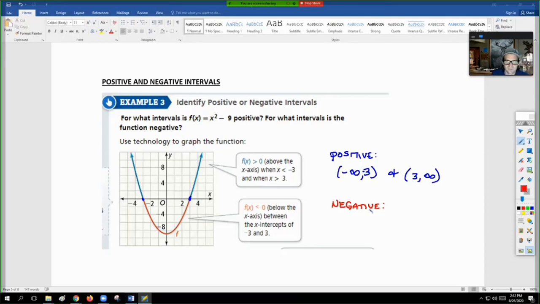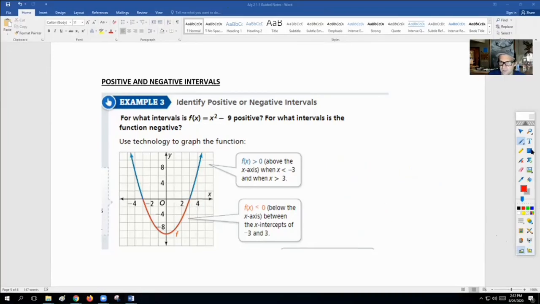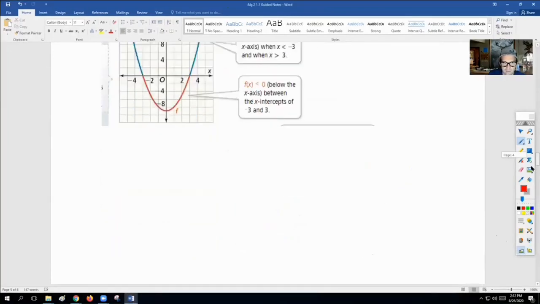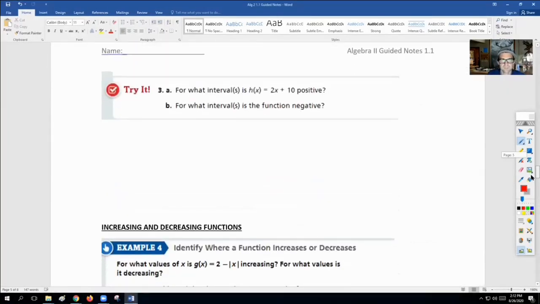All right, so our negative, we're below the x-axis from -3 to +3. And that's the only set we would have. And those would also be open brackets because those points, -3 and +3, are at 0, which doesn't have a value.